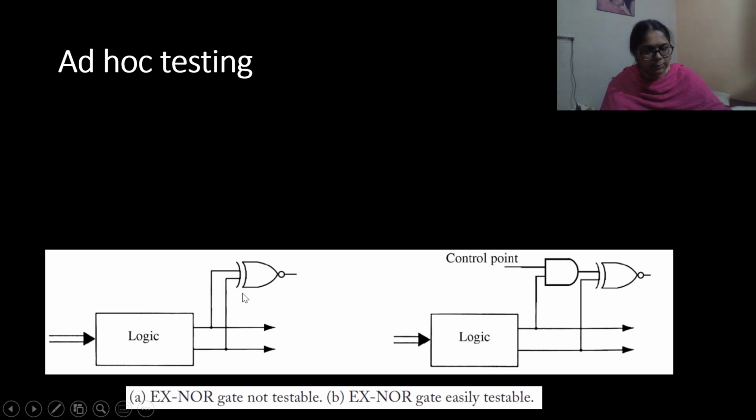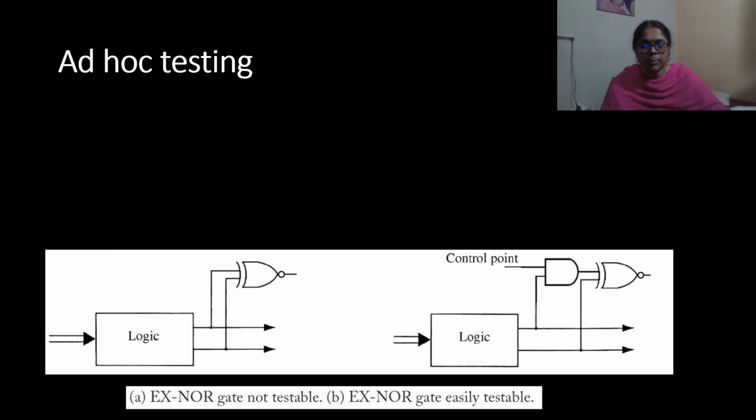That means when both the inputs to the XNOR gate are equal, then the output is equal to 1. So if the output of the XNOR gate is always 1, it implies that these two outputs of this particular logic are the same, either both zeros or both ones. It is not possible to say whether the XNOR gate is operating correctly or not.